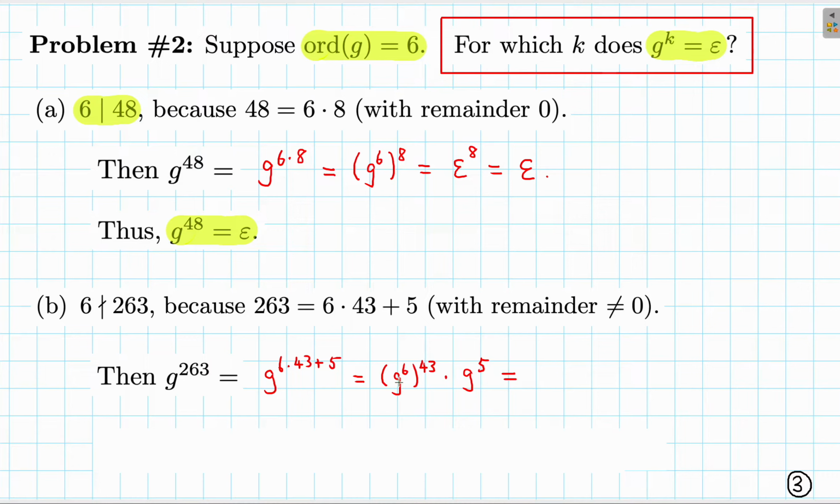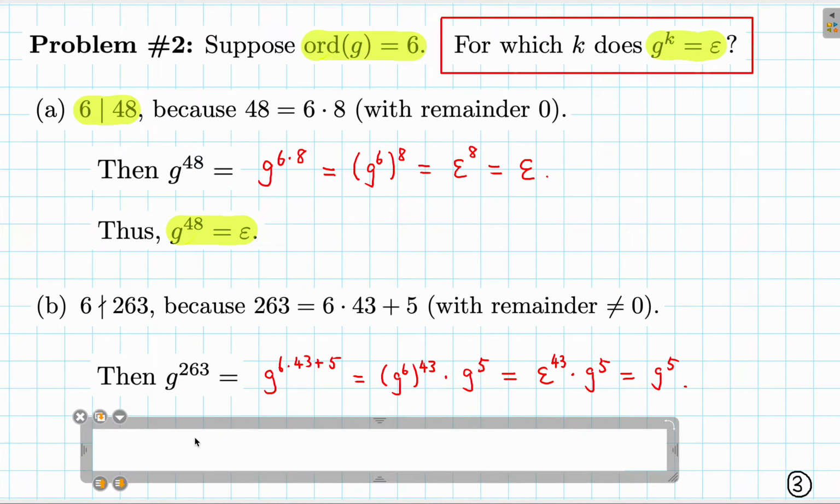Now, once again, g to the 6th is the identity element. And so we have the identity to the 43rd times g to the 5th. And then we're just left with g to the 5th. So that tells us that g to the 263 is the same as g to the 5th.